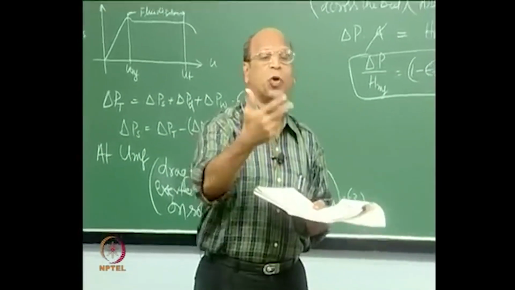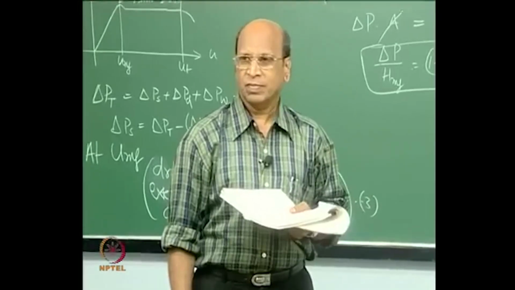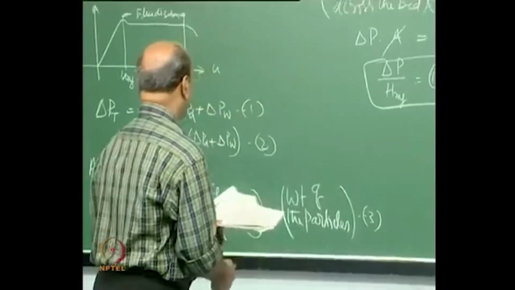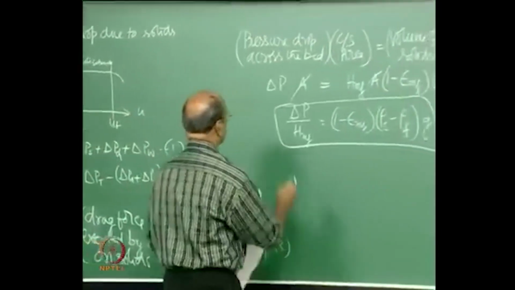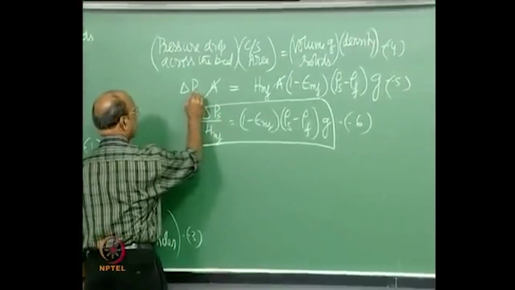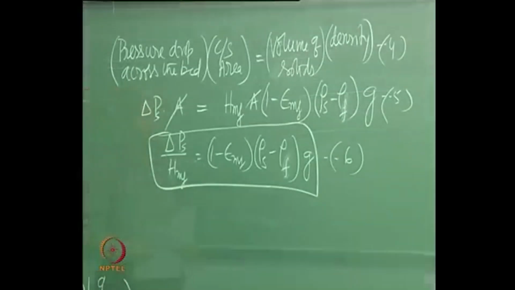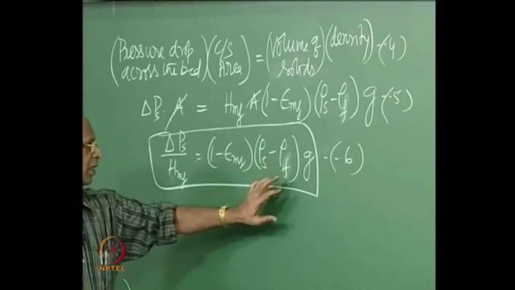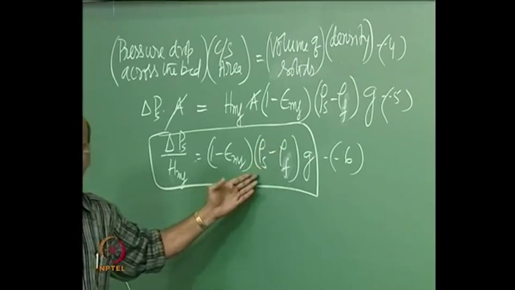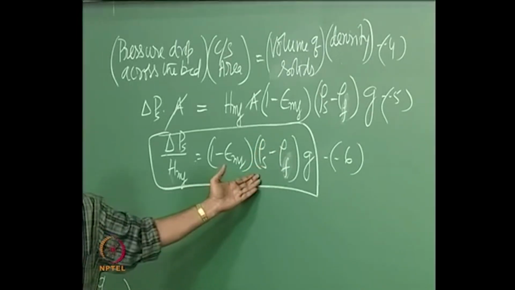How much pressure drop should you allow? So that is why this is pressure drop, due to solids. We have to use this equation for calculating the pressure drop, and it is very simple. Particularly if I have gas phase, this is almost 0 when compared to the solids.